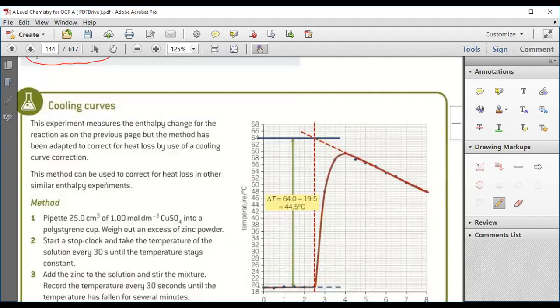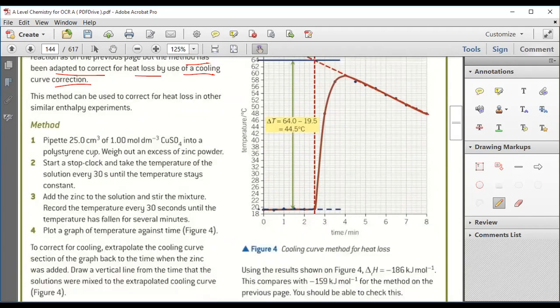Now we will study the cooling curve. This experiment measures the enthalpy change of a reaction, as on the previous page, but the method has been adapted to correct the heat loss by using a cooling curve correction. Whatever heat loss is there, we are correcting it by using a cooling curve correction.